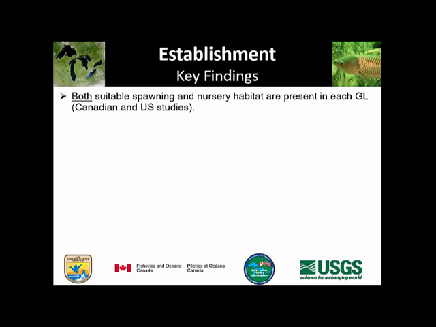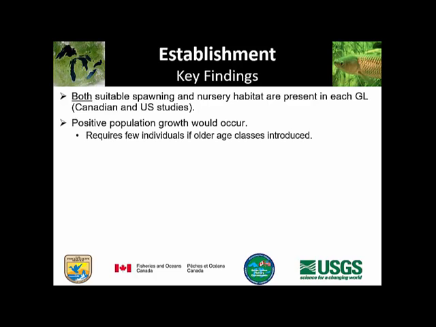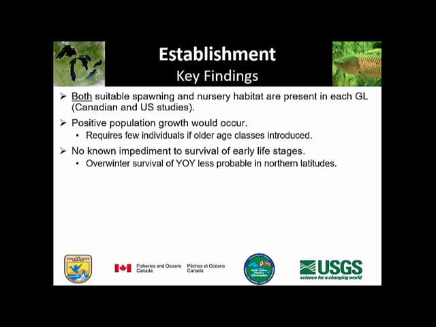In terms of establishment, we note that both suitable spawning and nursery habitat is present in each of the Great Lakes. This is confirmed by both Canadian and U.S. research. Positive trajectory population growth is expected to occur and requires few individuals if older age classes are introduced to establish a self-reproducing positive trajectory population growth curve.